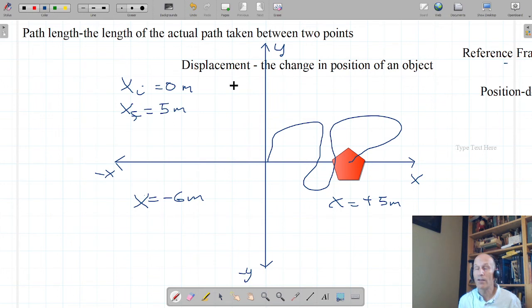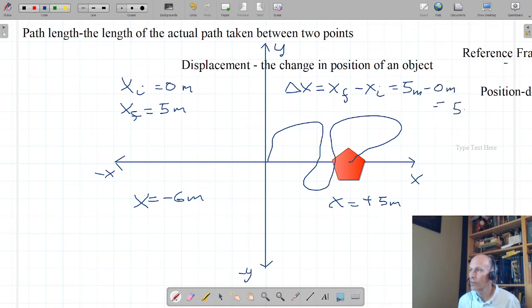So if I want to calculate the displacement, it does have a strict mathematical definition, and displacement is designated by delta x or delta y if it's a vertical displacement. But again, we're only working in the horizontal, and that's x final minus x initial. In this case, 5 meters minus 0 meters, what we already knew, 5 meters.